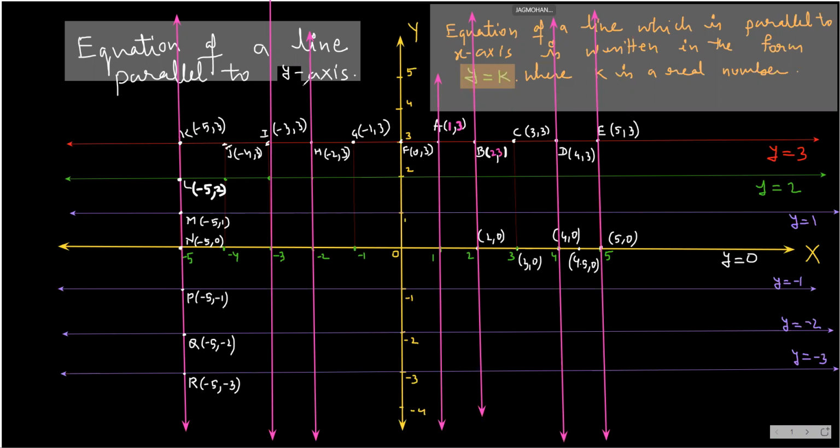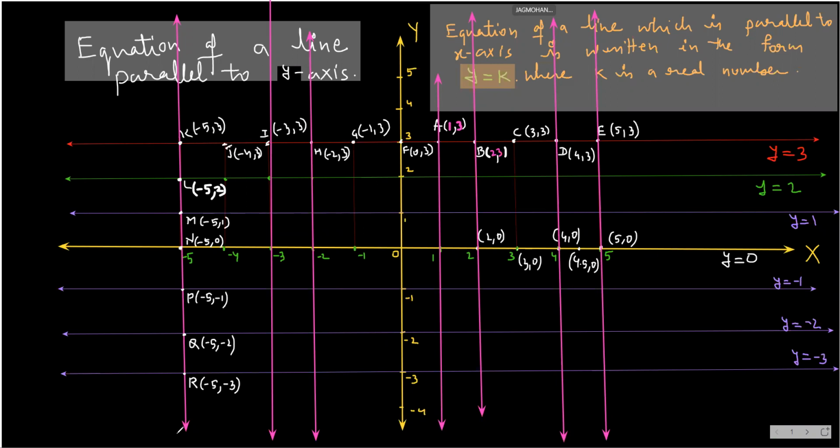So if I say, since we have studied locus, let us take a variable point on the line which is x comma y, then you would say, sir, this x will be -5. No matter where this variable point be on this line, the x will always be -5. The only thing that will change is the y coordinate of that variable point. X is always -5. So this is the identity of this line.